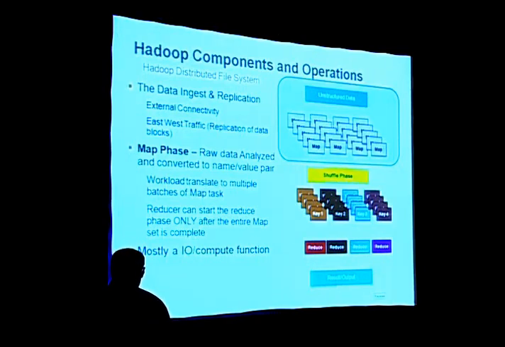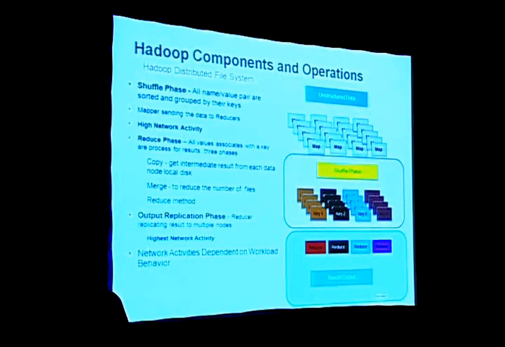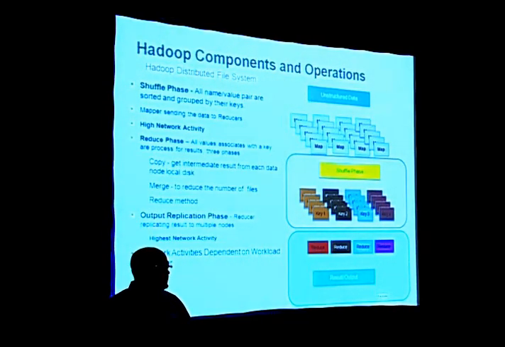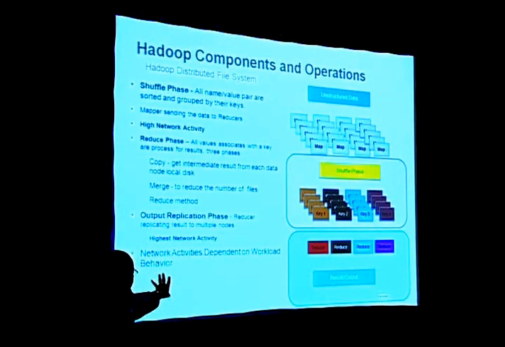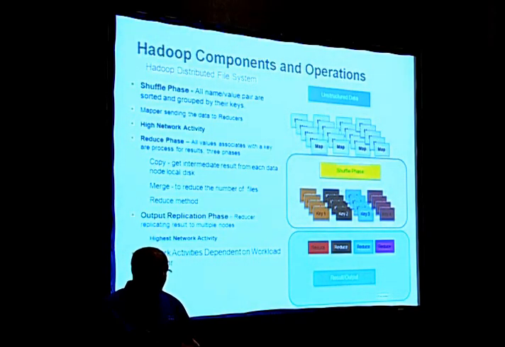You have ingest, you have data replication, which is where the jumbo MTU makes a big difference, not during the workload process when the mappers or reducers are running, where there's not much network activity during the map phase. Then you have a shuffle phase, a reduce phase, and a result replication phase.